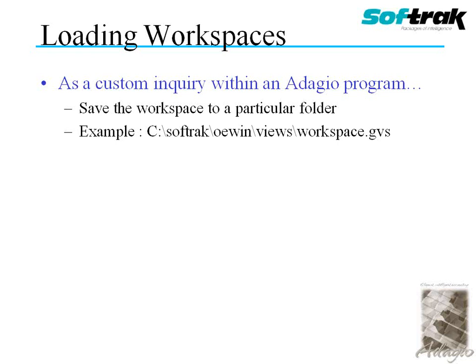So in this example, if you want to launch a particular workspace directly from Adagio Order Entry, you create a folder called Views directly under the place where you're running Adagio Order Entry from. In my case, it's the C Softtrack OEWin directory. You create the Views directory within that, and then save the workspace directly into the Views folder.